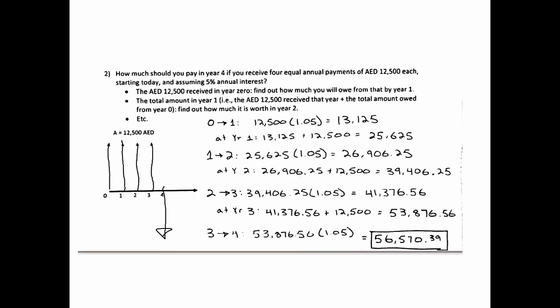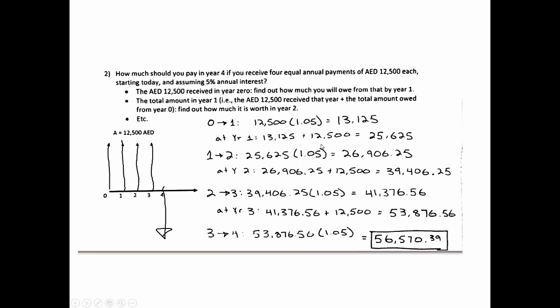Okay, so let's take a look at the solution for this one. As you can see, there's the 12,500 in year 0, and we want to move it from year 0 to year 1. That's what this notation is referring to. So the 12,500 in year 0 is accumulating some interest, and by the end of the first year, at year 1, you now owe the bank 13,125.